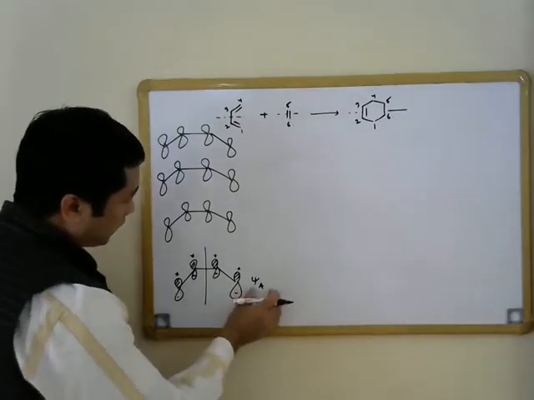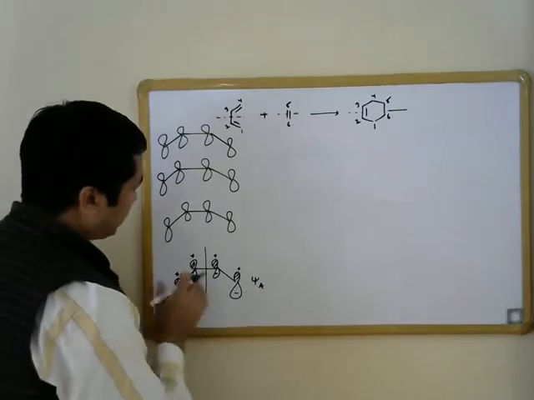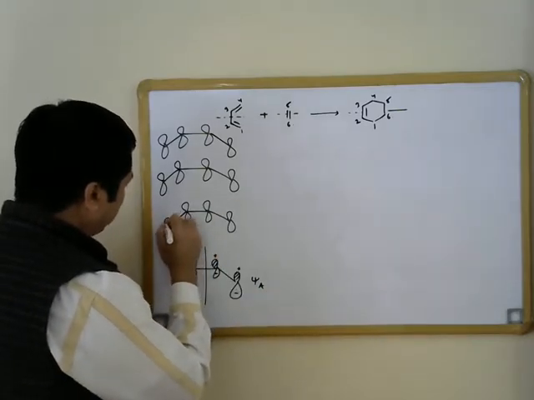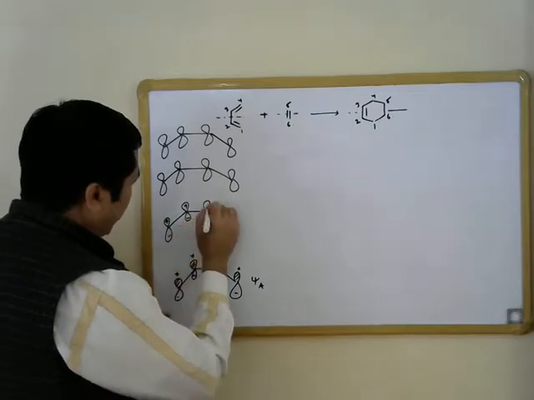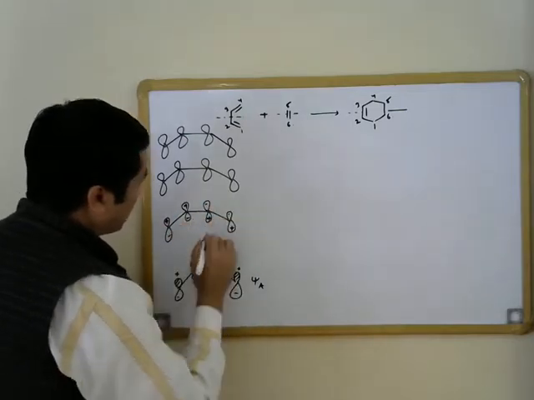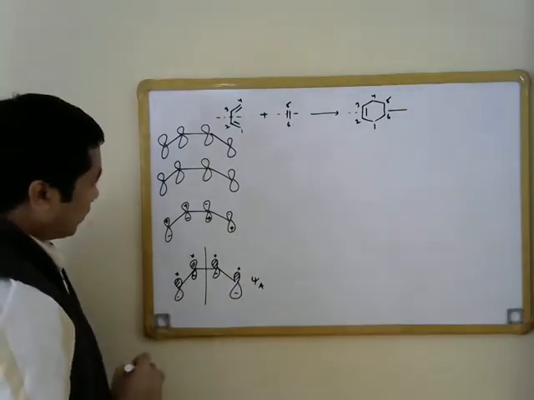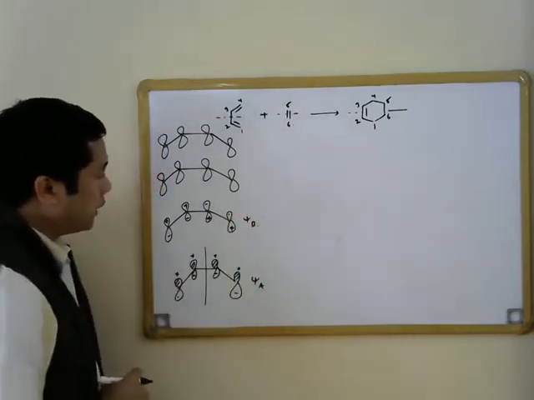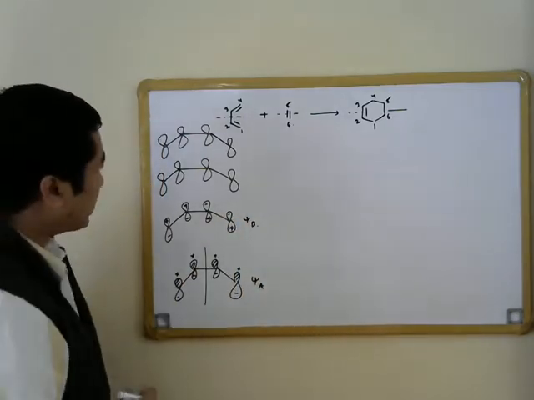This particular wave function we can label as psi A because it is symmetric with respect to the sigma. Then let us draw the next molecular orbital, which has one node in this way. If we see now, this is psi B because it is antisymmetric with respect to the sigma.